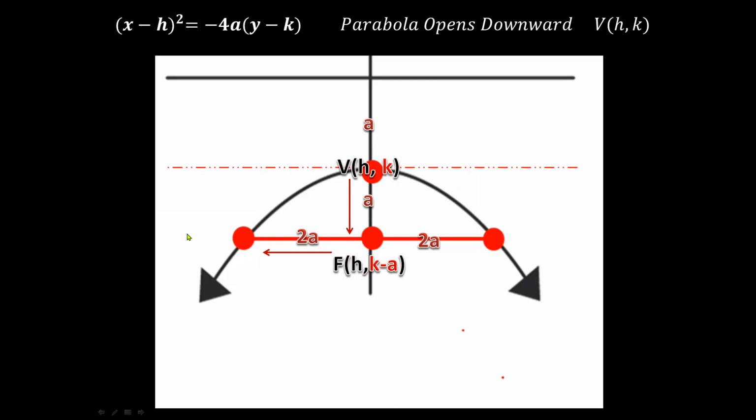H minus 2A and K minus A. Okay, very good. If I will move to the right, H plus 2A and K minus A. Okay, very good.